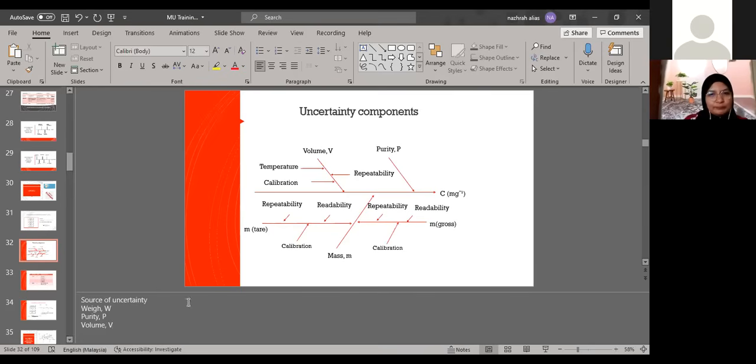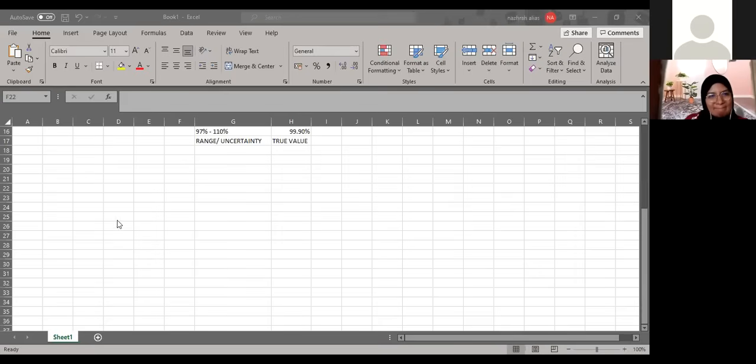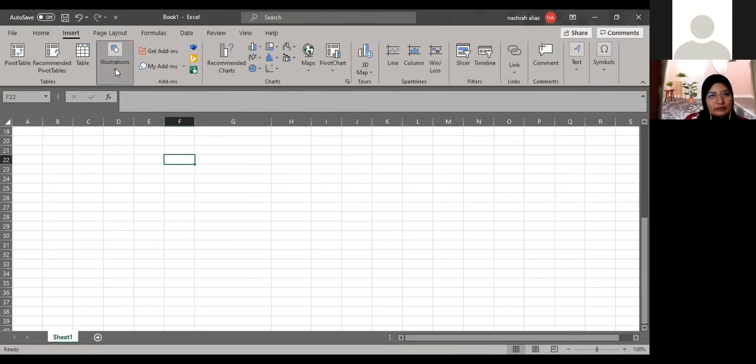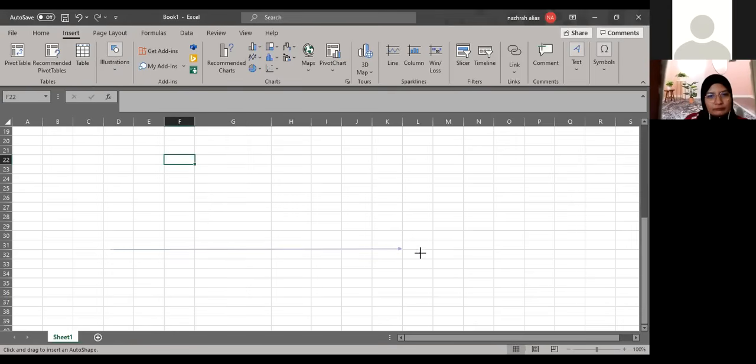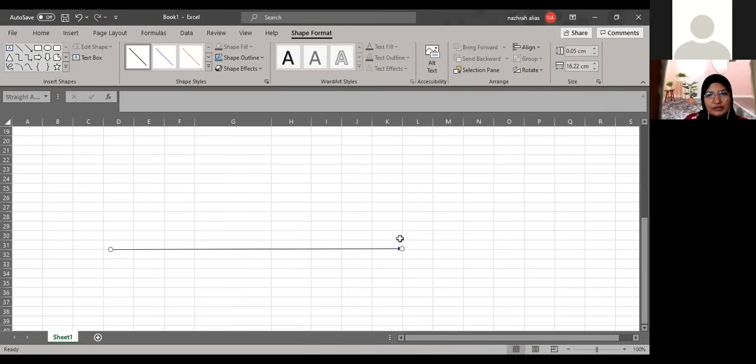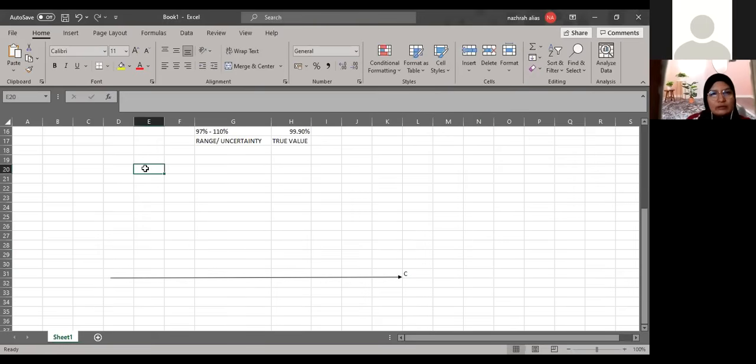We look for the concentration. Actually, our measurand is the concentration, so C is the concentration. Our sources of uncertainty: we have weight, we have volume, and we have purity, because these are the only factors in the experiment. These three will contribute to uncertainty.